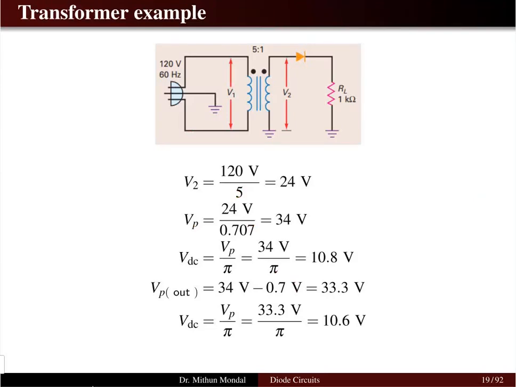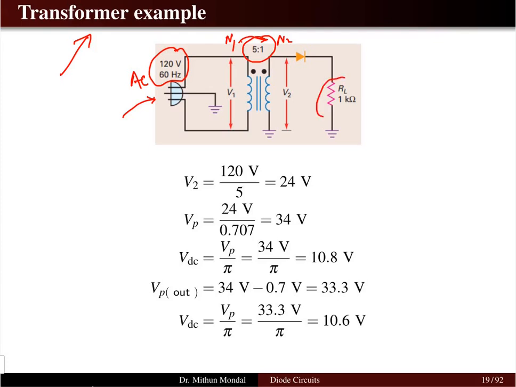Let us take one example with the help of a transformer to understand the half-wave rectification principle. Here you have the AC input, which is 120 volt, 60 Hz, and a transformer which is 5:1. It means that if we take 5 turns on the primary side, the secondary will have 1 turn, so we can easily see there is a step down of the voltage.